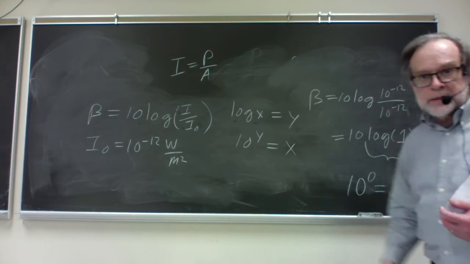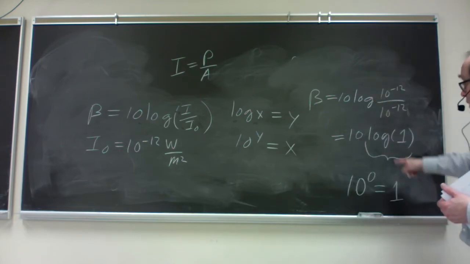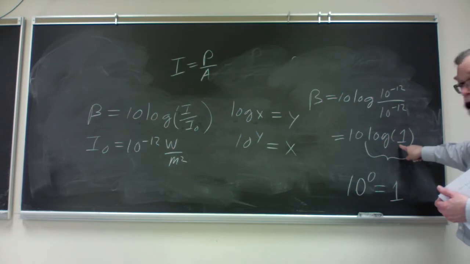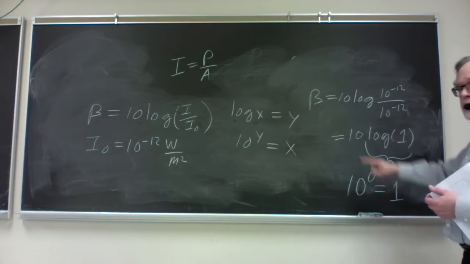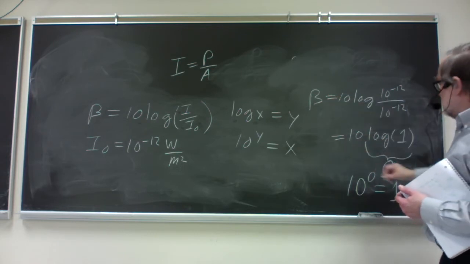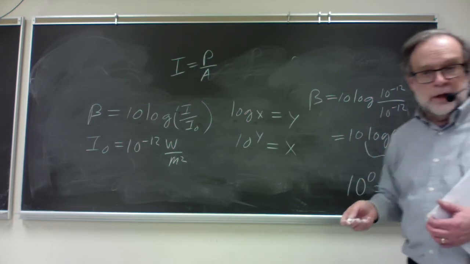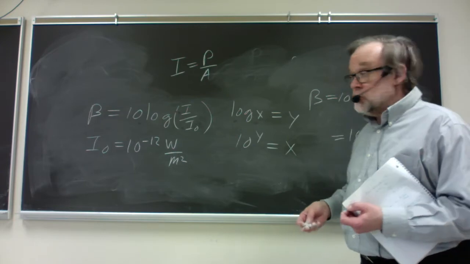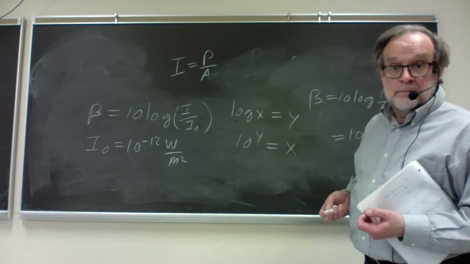That's how we define the 0 power. So the exponent to which we raise 10 in order to get that is 0. So the number of decibels in this case is 0. Right? The 0 level on the decibel scale corresponds to the quietest sound that a human ear can hear.